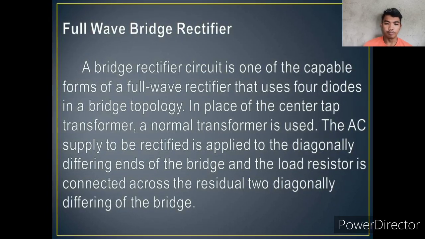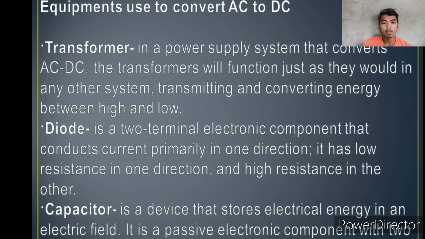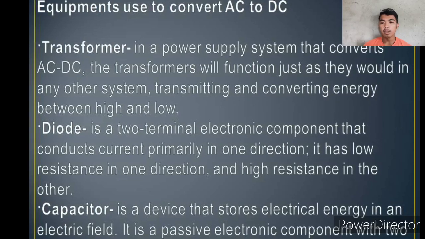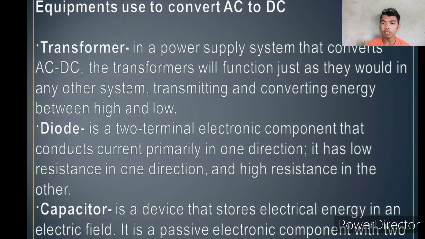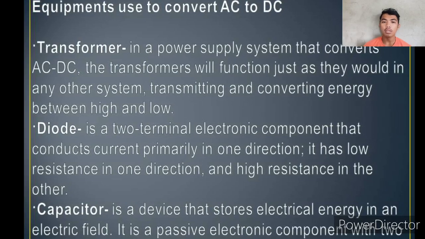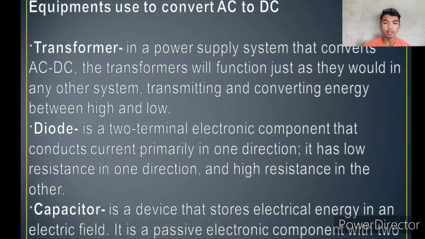So what are the equipments used to convert AC to DC? The first one is the transformer. In a power supply system that converts AC to DC, the transformer will function just as it would in any other system, transmitting and converting energy between high and low voltage.